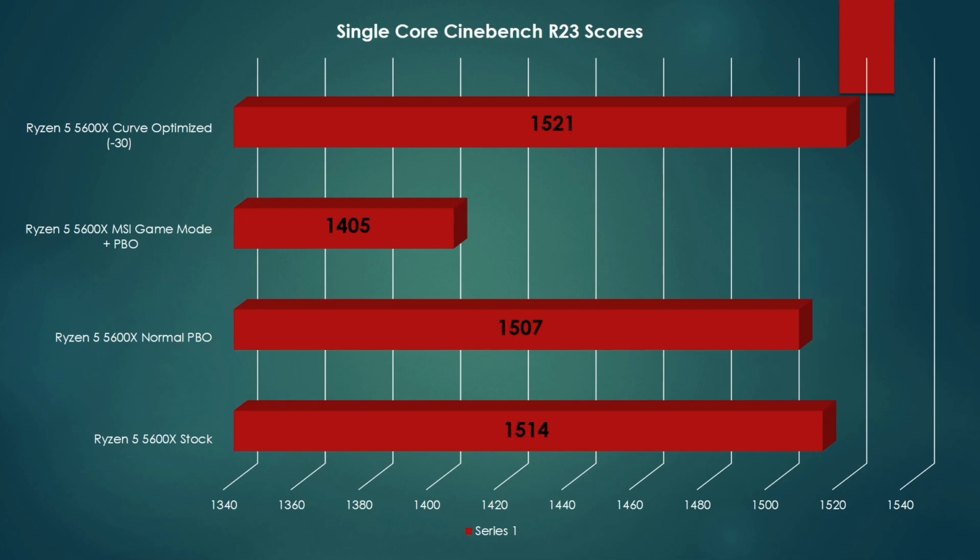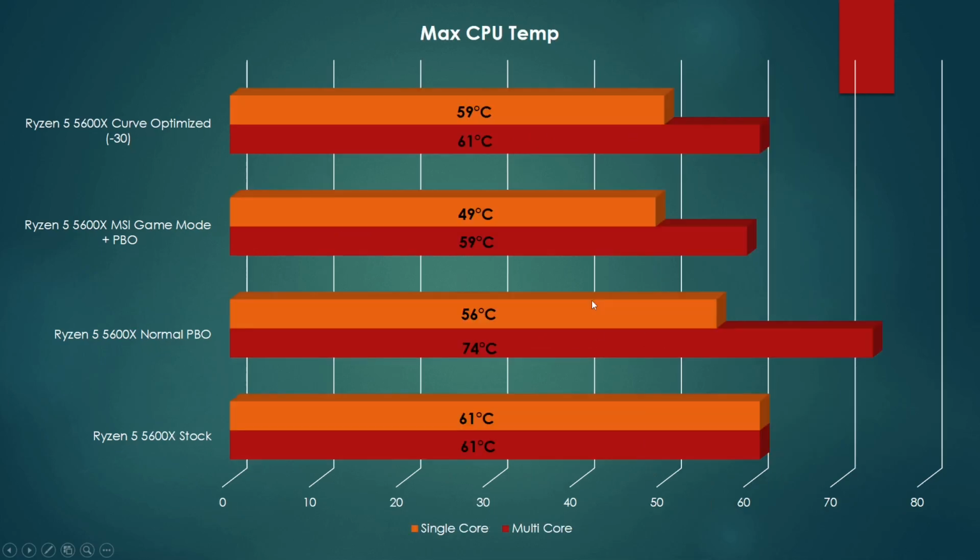Now when I created curve optimization, the consumption was not as close to the headroom as it was in normal PBO. As the voltage decreased, the heat decreased and the power decreased. So the processor saw a little bit more headroom and it boosted a little bit more. That's why you are able to see this difference in single core scores between the normal PBO and the curve optimized one.